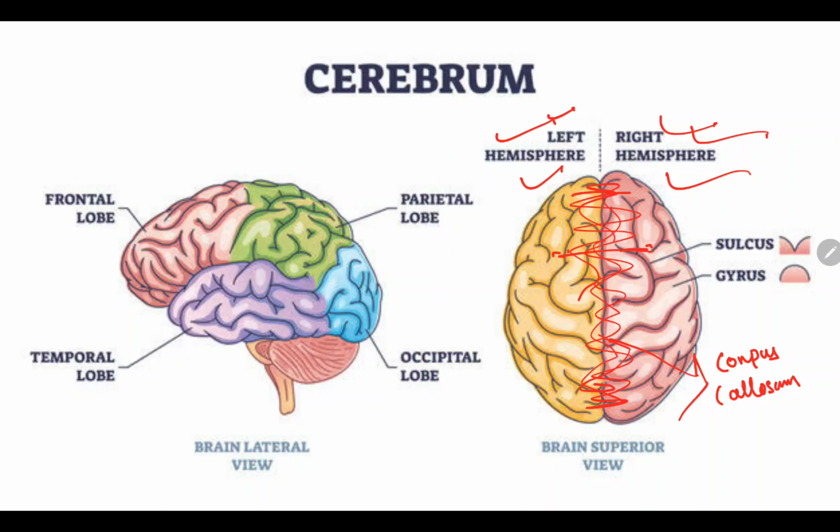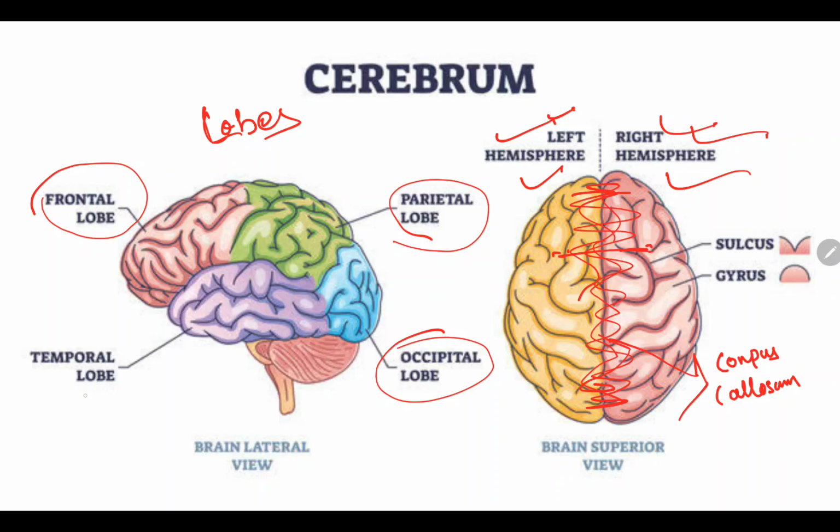Now the cerebrum is further divided into four sections or lobes. What are these lobes? Frontal lobe, parietal lobe, occipital lobe and temporal lobe. The frontal lobe is associated with speech, planning, reasoning, problem solving and movements.